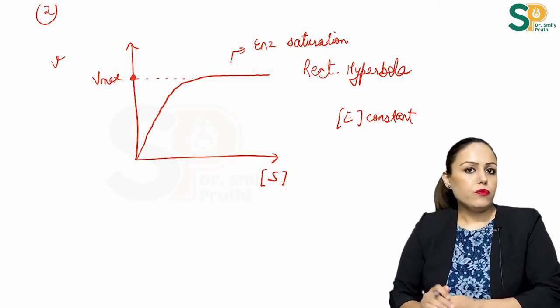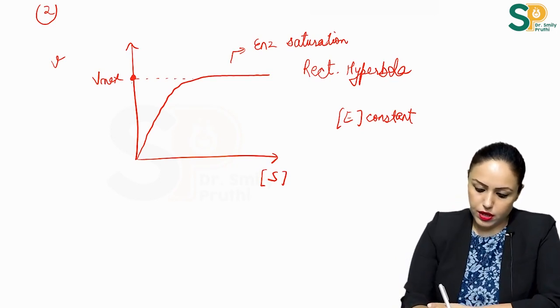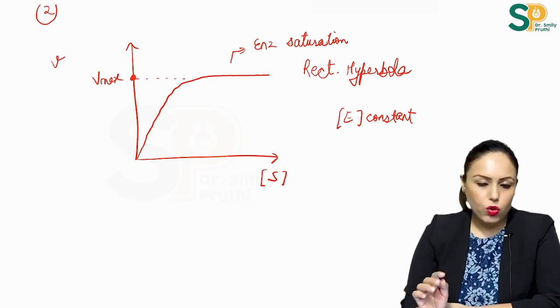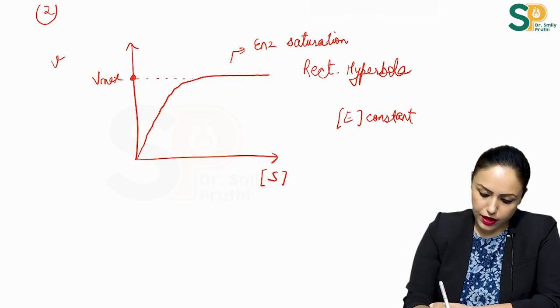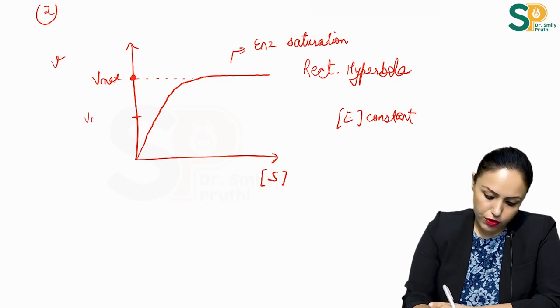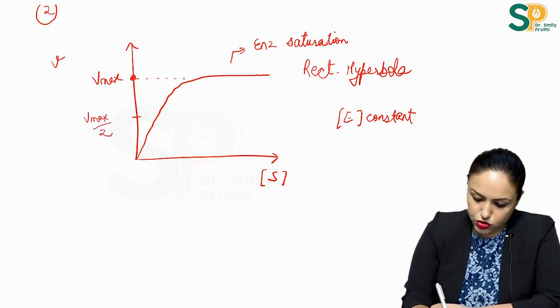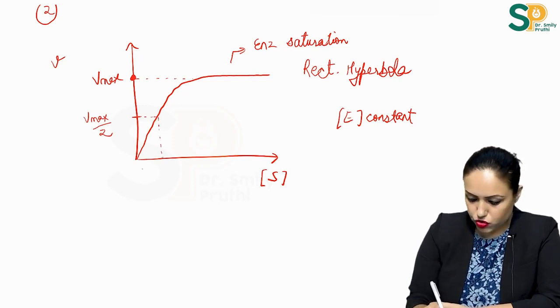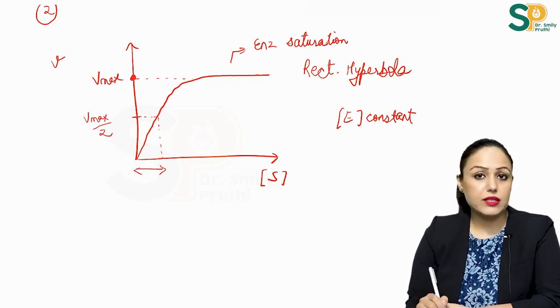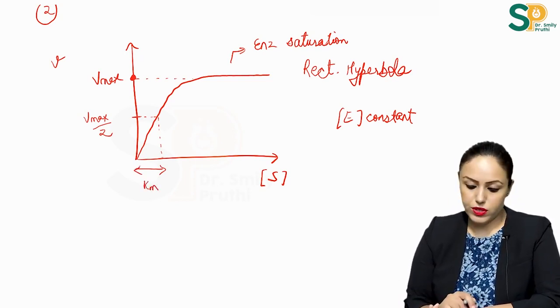Now, let's see what is Km. If on the y-axis I know the point of Vmax, I can just take half of it. Let's say this is half. So half of it means Vmax by 2, right? Now extrapolate this point on the x-axis, then this value is Km.